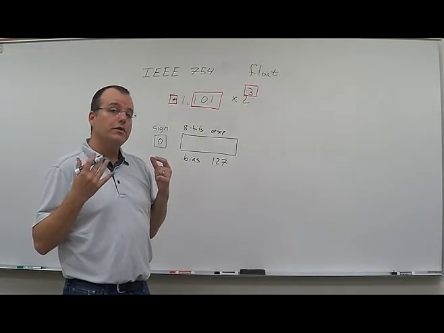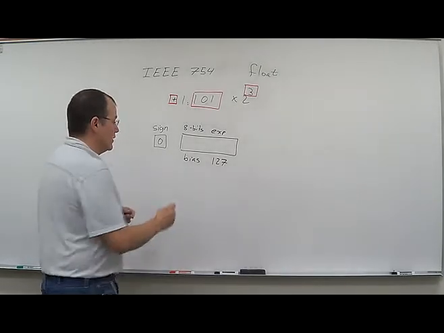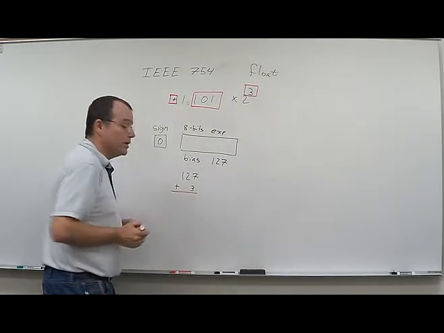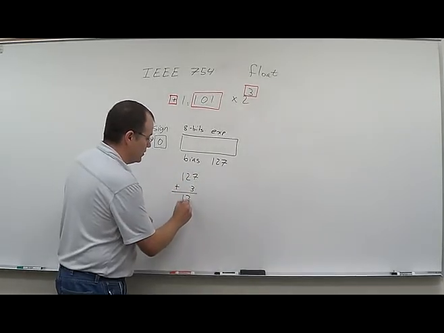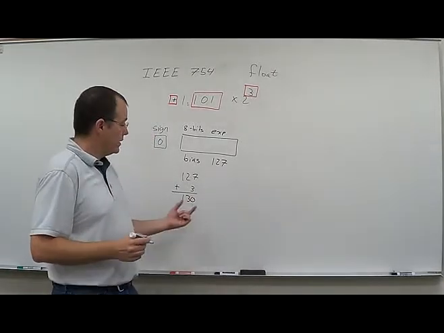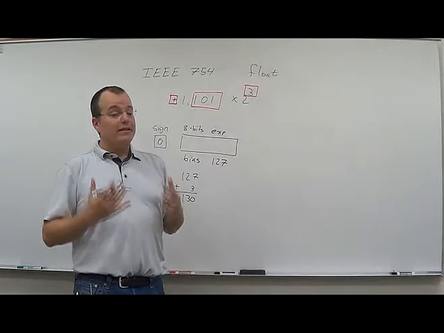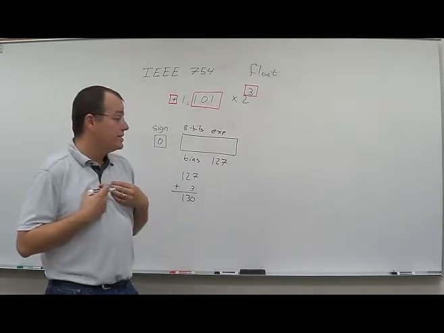Well, I actually want to encode the exponent 3. So I would take 127 and add 3, which would give me 130. And then I could encode that in binary and put that there. That's actually a little complicated. I find this easier.